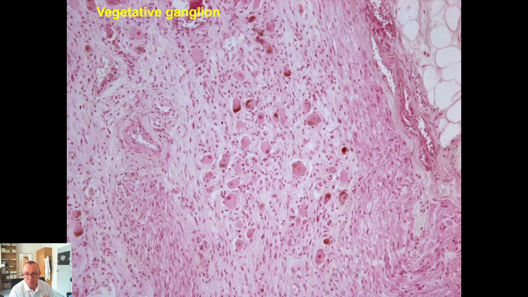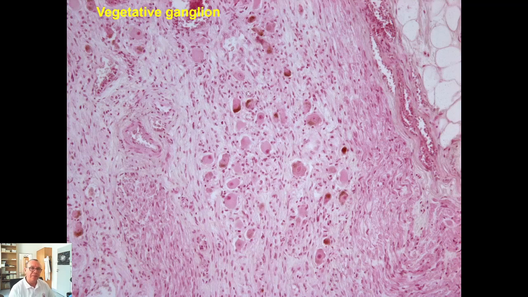And you already know them because we saw many intramural ganglia in the sections from GIT or in female reproductive system. And theoretically they can be in all inner organs which are innervated by a vegetative system.